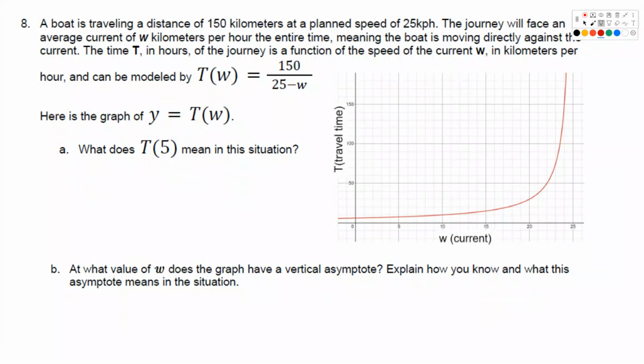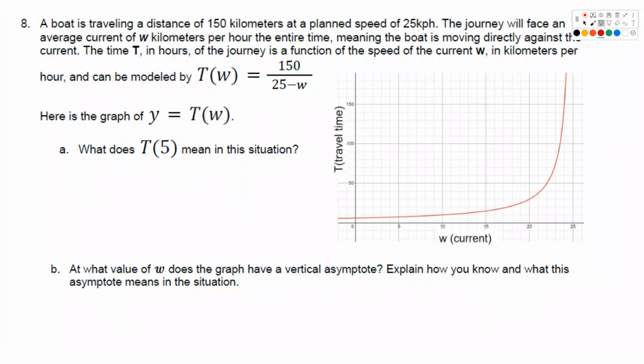Now, before we jump into answering the question, let's try to get an understanding of what is happening in the situation presented. Here we're talking about a boat that's heading in a particular direction. It's on a journey to somewhere.